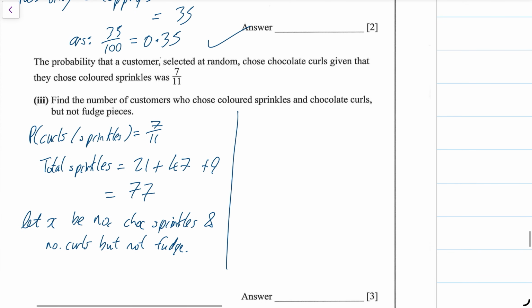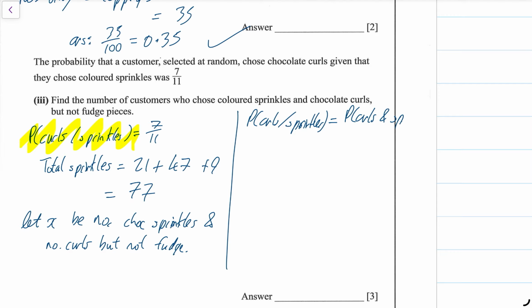Okay, so we're looking at the formula for this thing here. This is curls and sprinkles. So curls given sprinkles is equal to the probability of curls and sprinkles divided by the probability of sprinkles.